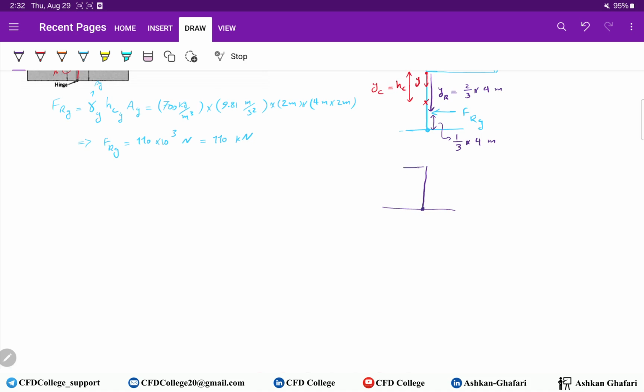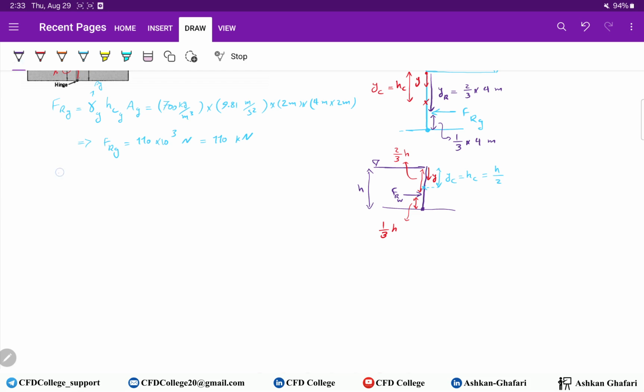This is the hinge, this is the water surface, here is H. We have FRW, and as you know, here the distance is 1/3 of H, and here is 2/3 times H. This is the Y axis, the distance up to the centroid is YC equals HC because we have a vertical gate in this case, and it's 1 over 2 times H.